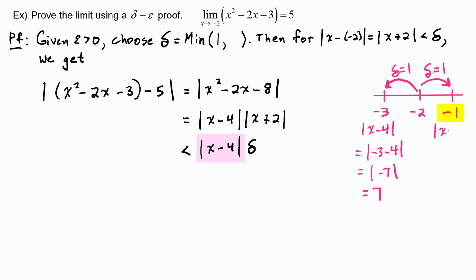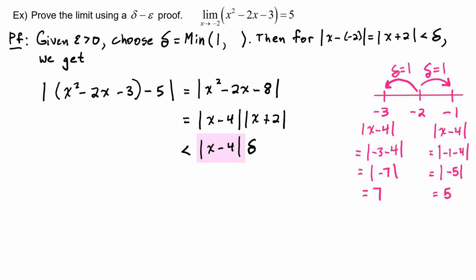Whereas if we plug in negative 1, that becomes the absolute value of negative 1 minus 4, which is the absolute value of negative 5, which is 5.